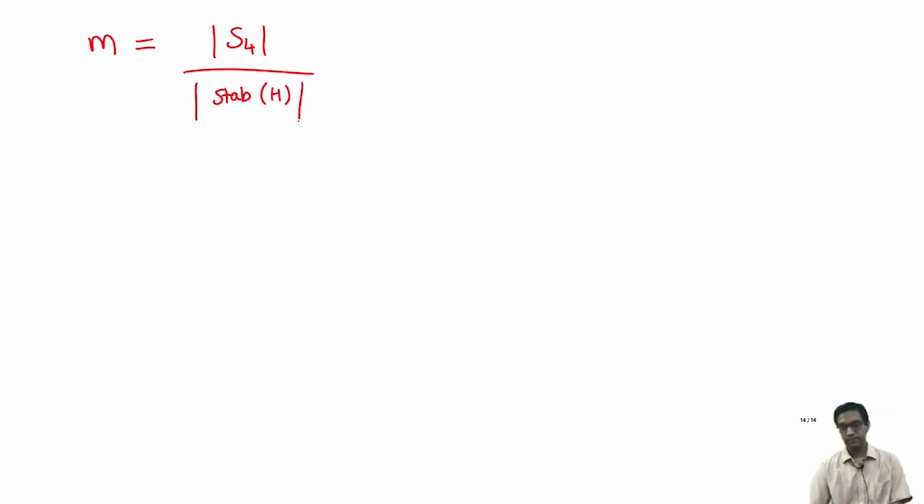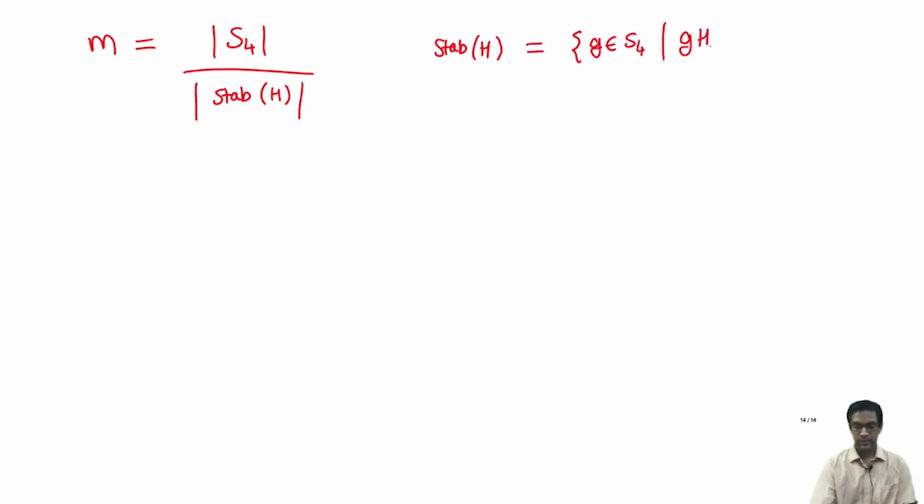Here I picked one, which is H, and I ask how many elements are there in the stabilizer. Recall the stabilizer of H under the conjugation action is exactly what we call the normalizer: all group elements g such that gHg inverse is H. The group is S4 here.